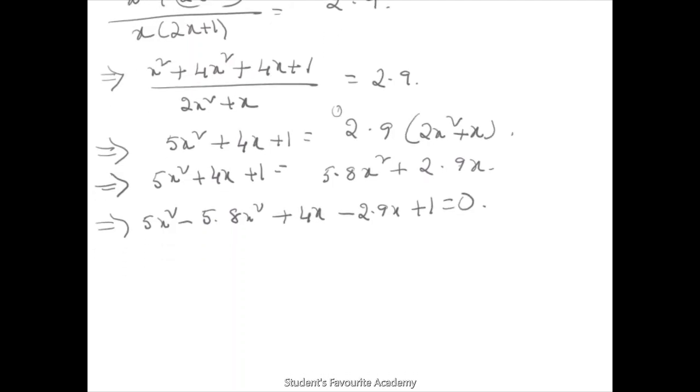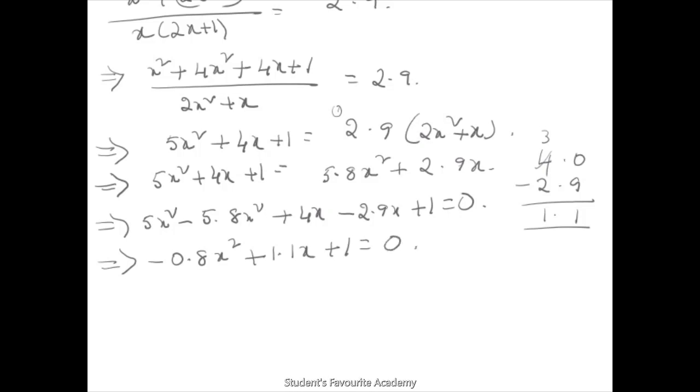So this implies minus 0.8 x square plus 4 minus 2.9, that is 1.1, so plus 1.1x plus 1 is equal to 0.